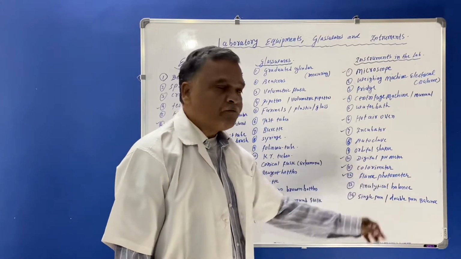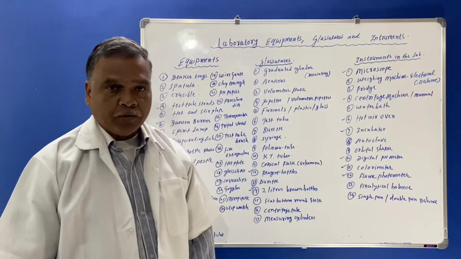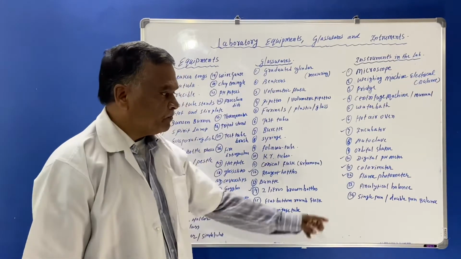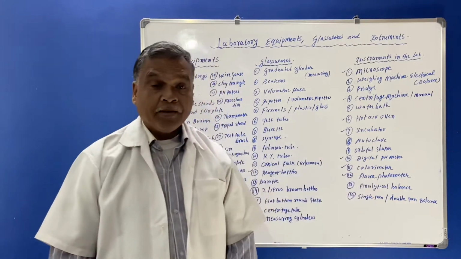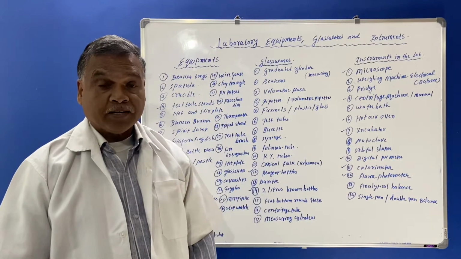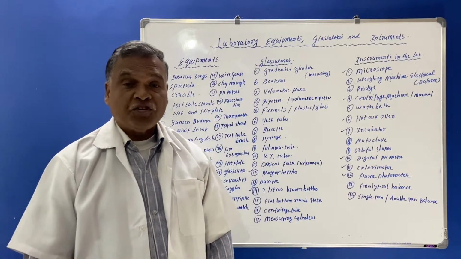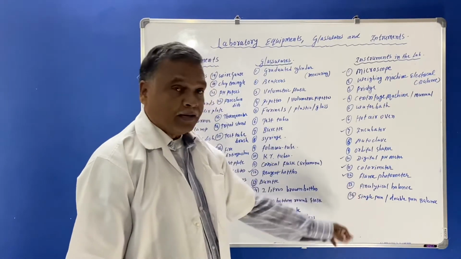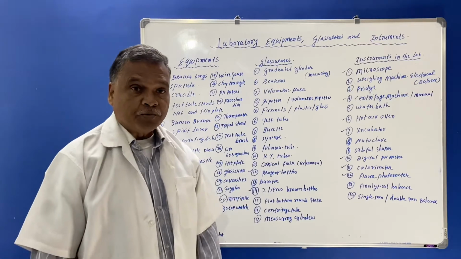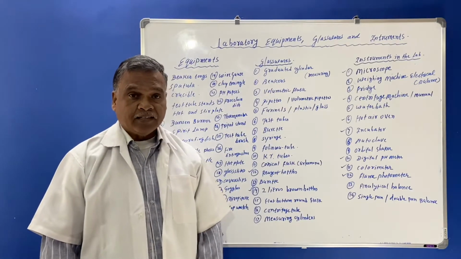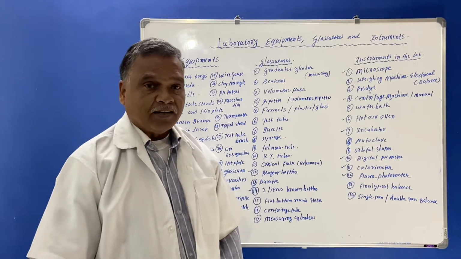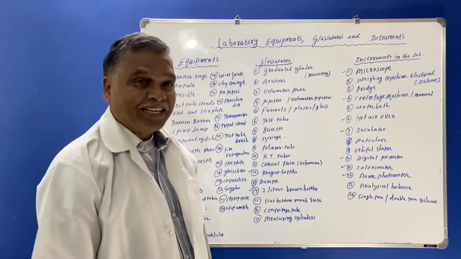Then a flame photometer is used to measure the electrolytes, and this flame photometer is generally useful to measure the electrolytes present in children. You must know that during the disease known as encephalitis, lower levels of the electrolytes sodium and potassium are seen.